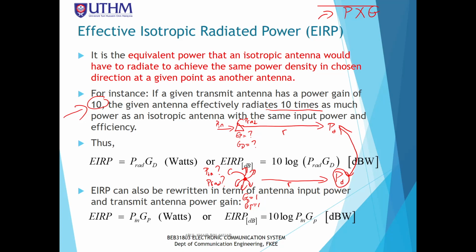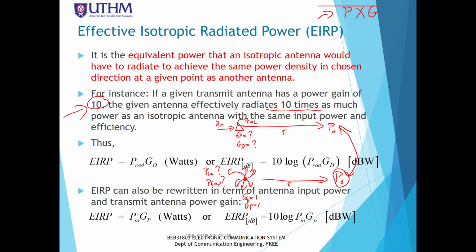So if the real antenna has a gain of 10, that means this antenna will radiate 10 times higher than the isotropic antenna given the same input power and same efficiency.